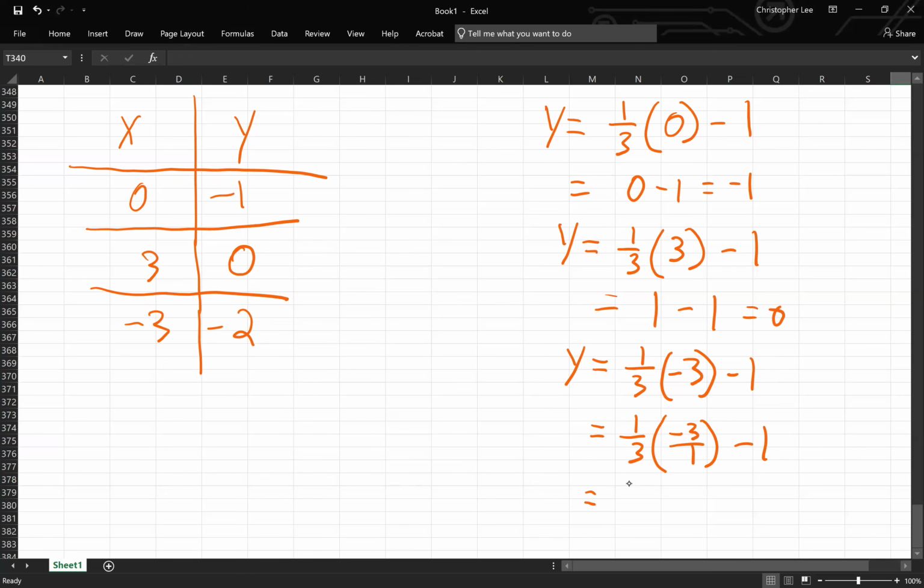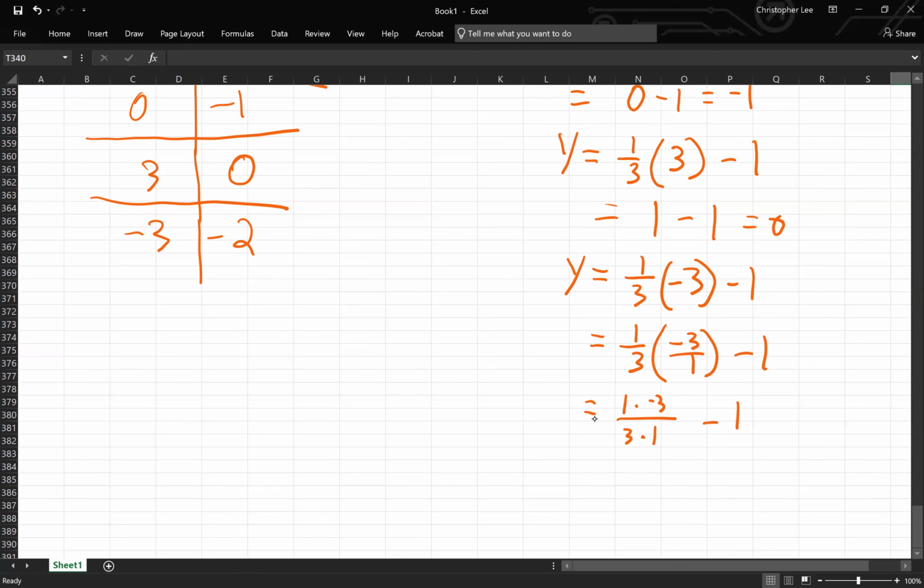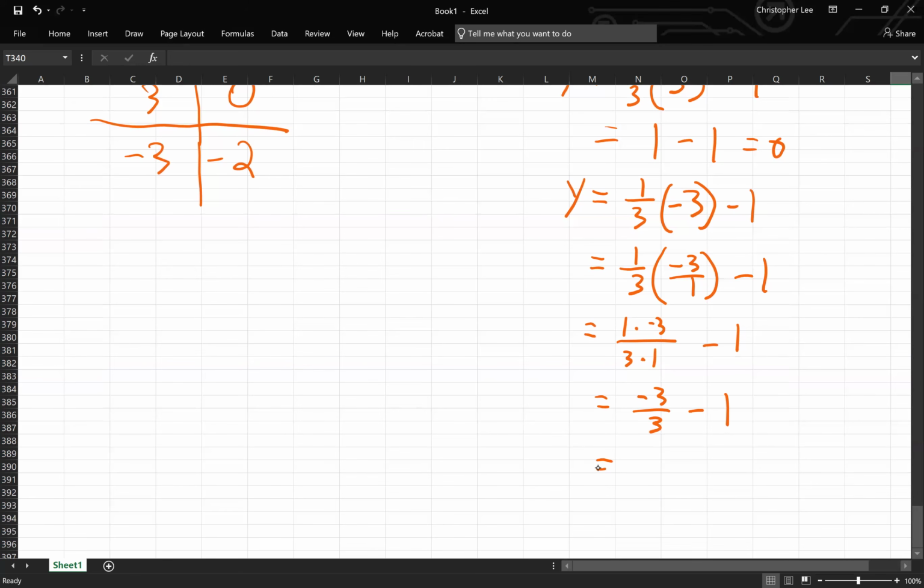So this becomes 1 times -3 over 3 times 1. 1 times -3 is -3, 3 times 1 is 3, and of course minus 1. Now -3 divided by 3, anything divided by itself is 1, so this becomes -1 minus 1, which is -2. And that's how. You're welcome.